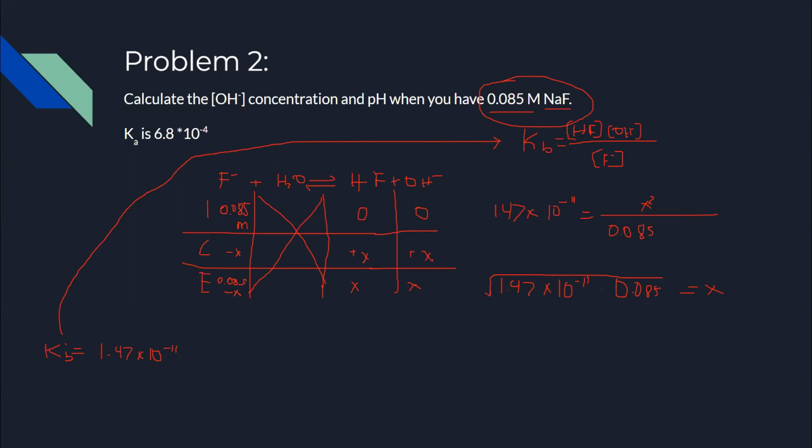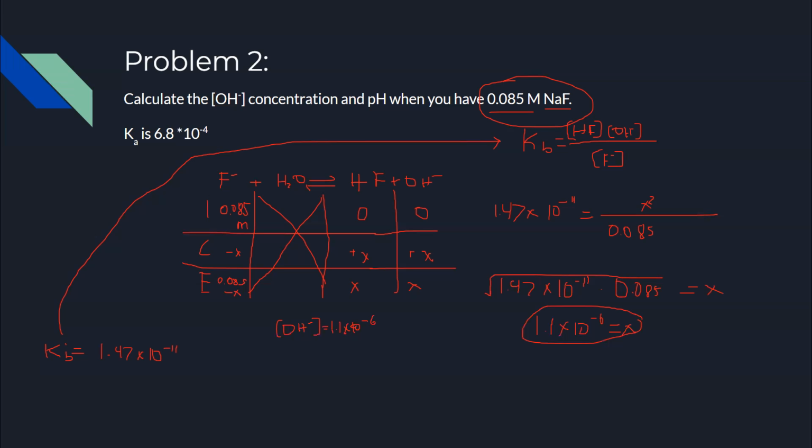And the answer for that would be 1.1 times 10 to the negative 6th equals x. And this is also the OH concentration. So as x is this, OH equals 1.1 times 10 to the negative 6th.